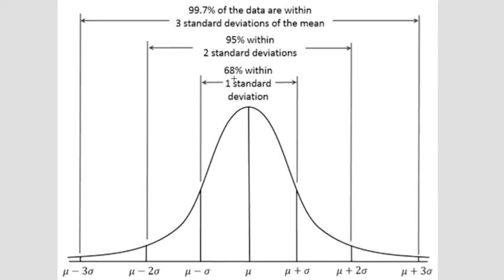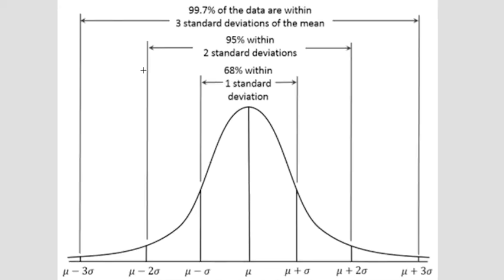Within 2 standard deviations, 95% of the data will lie within 2 standard deviations of the mean, typically. And at 3 standard deviations, you almost have the entire sample falling under that distribution.